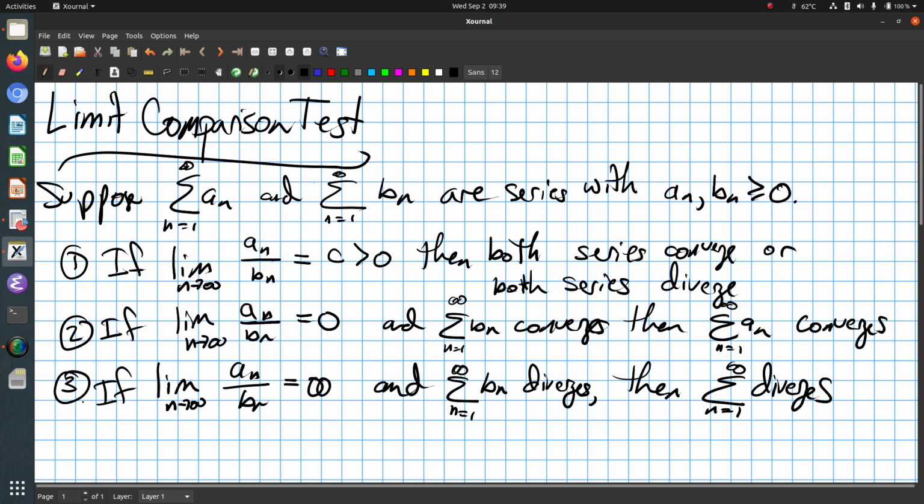But if your B series diverges, then your A series diverges in the other case. So this is a good thing to have on hand, as I said, and it happens on occasion that this is the right test to use.